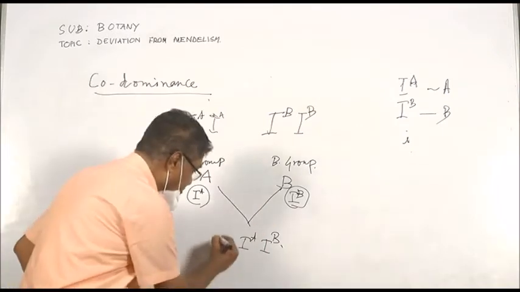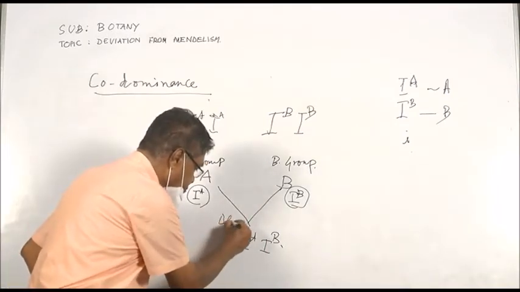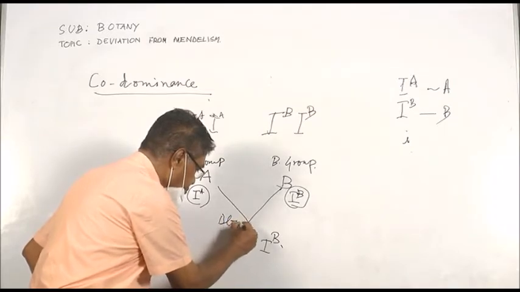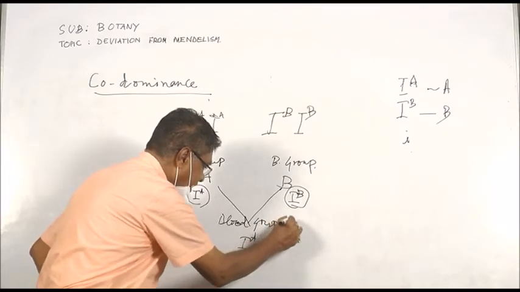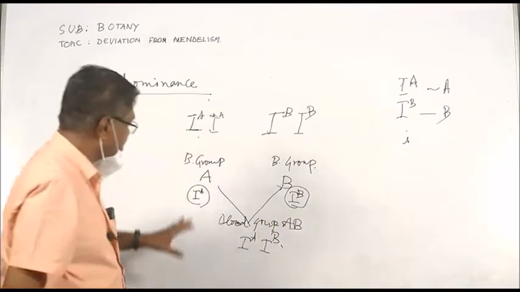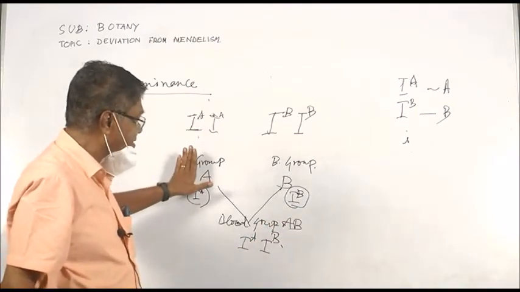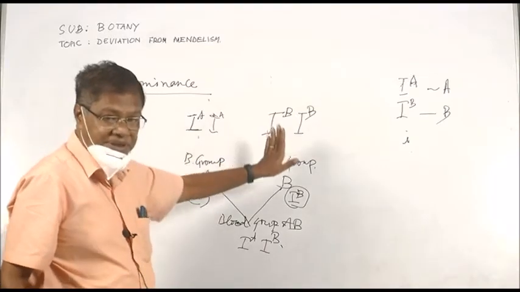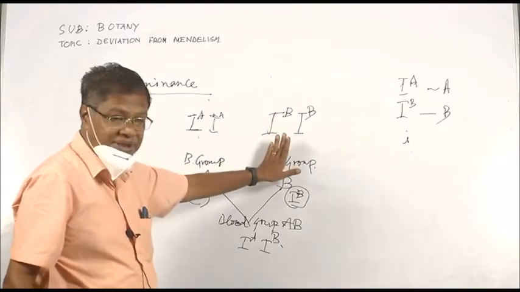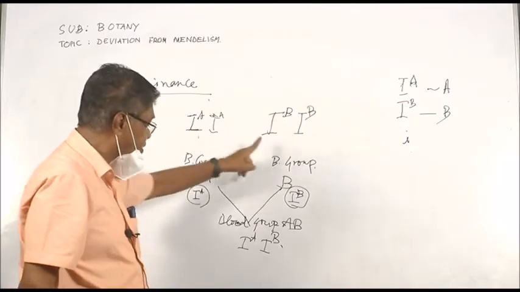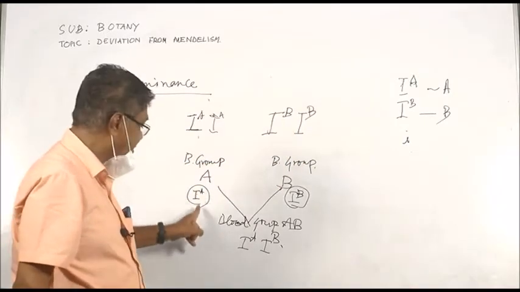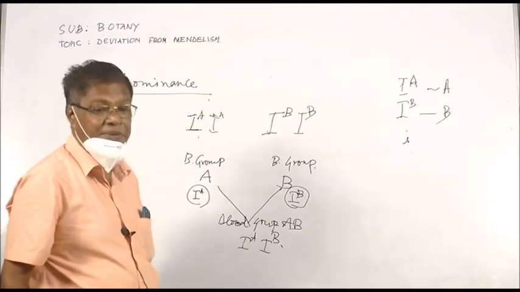So, the blood group here is AB. So, if one dominant gene is there, A, the blood group is A. If the other dominant gene is there, B, the blood group is B. If both the dominant genes are there, then the blood group is AB.